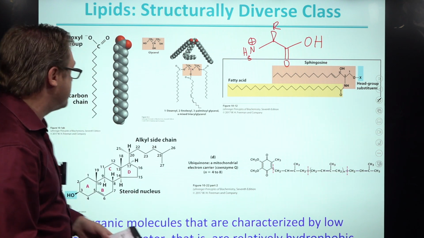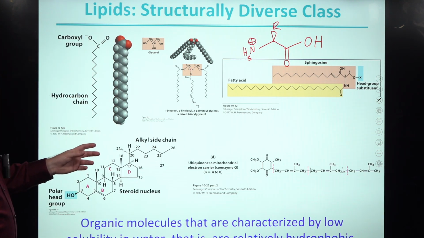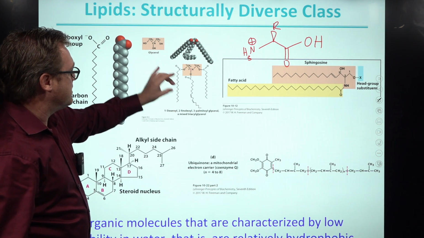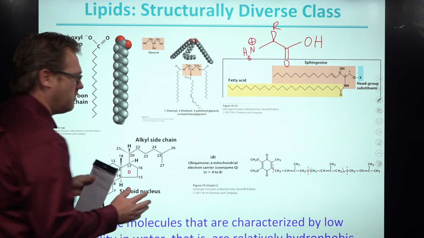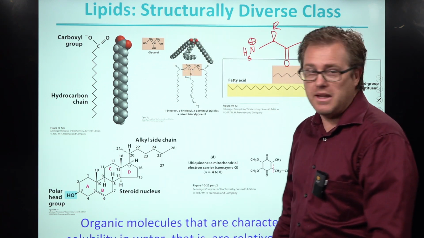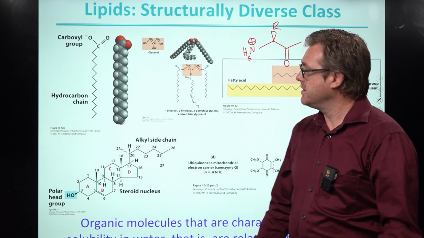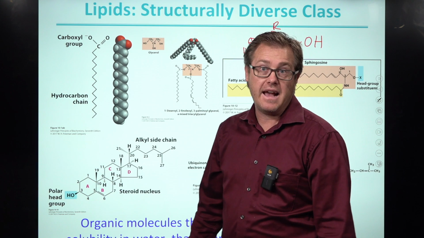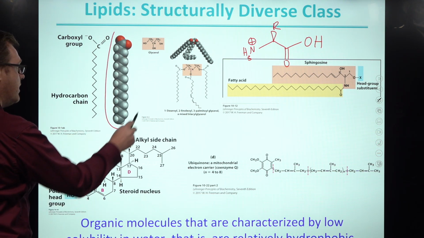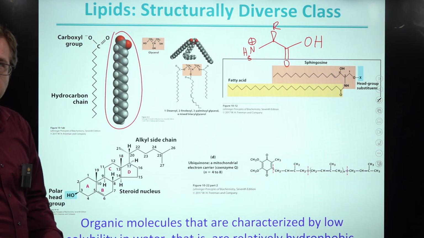But here you can see that we have a species like this. Well, let's back up before I jump into that one. Okay, lipids have a component of a fatty acid. So this right here is a fatty acid.